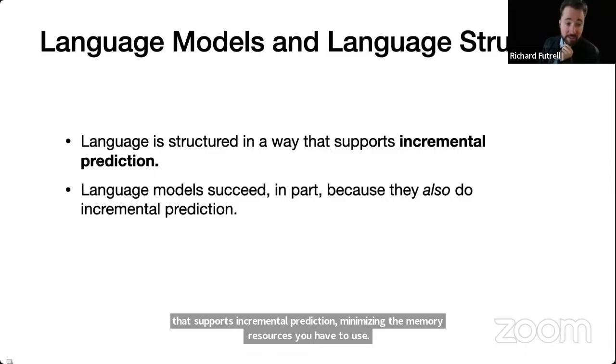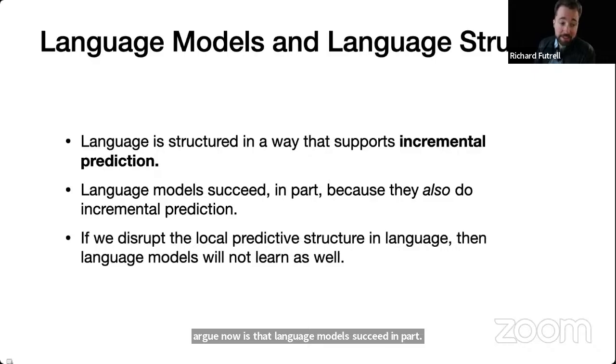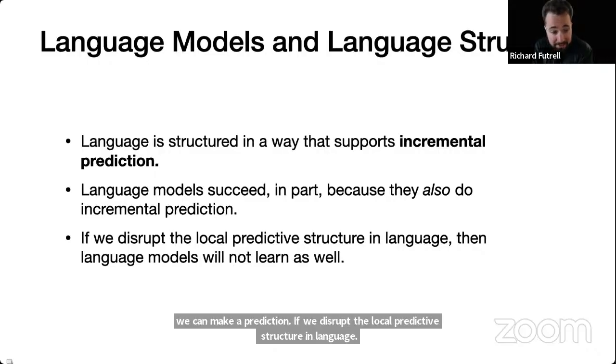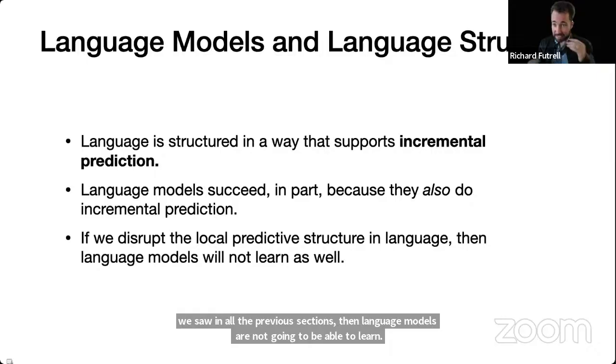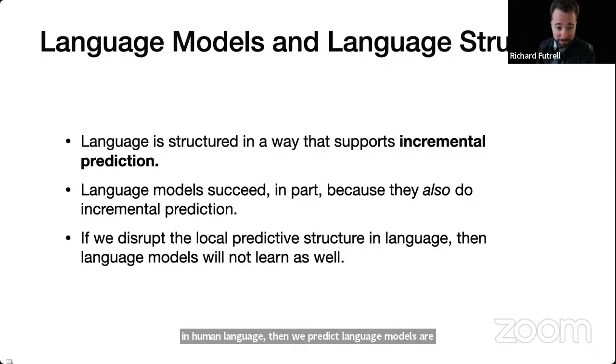What I'm going to argue now is that language models succeed in part because they are also doing this kind of incremental prediction. If that's true, then we can make a prediction. If we disrupt the local predictive structure in language, like we saw in all the previous sections, then language models are not going to be able to learn as well from text data. So if we mess up the information locality in human language, then we predict language models are not going to be as good at learning human language anymore.